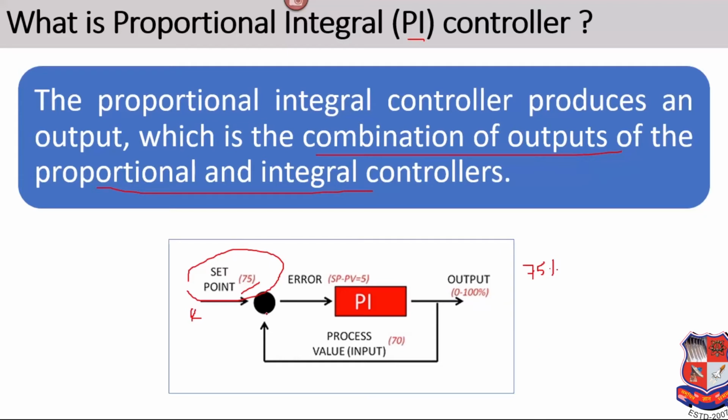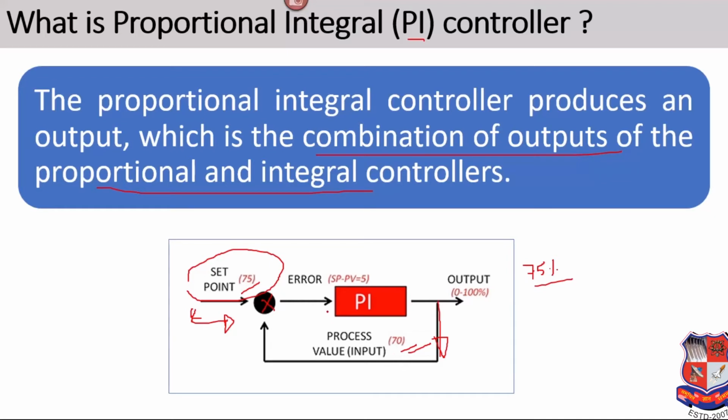After processing, we are not getting 75% results, but just 70%. The output is given as feedback to a summing point. From the raw material we provide, we are not getting 75% production but just 70% production rate.